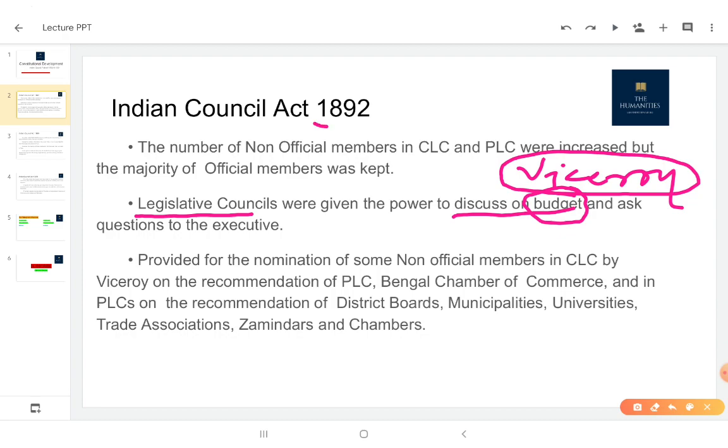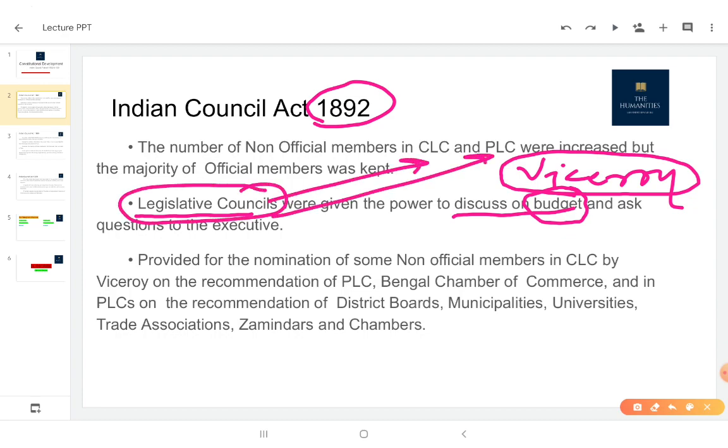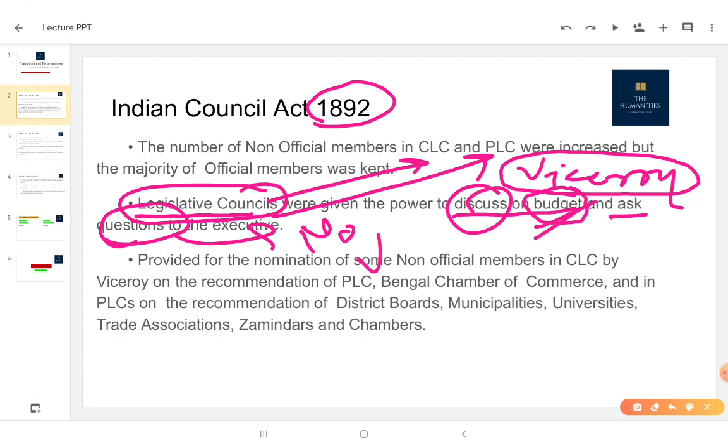But in the 1892 Act, this provision was made, and the legislative councils, both CLC and PLC, were authorized to discuss the budget and ask supplementary questions on it, but there was no voting.